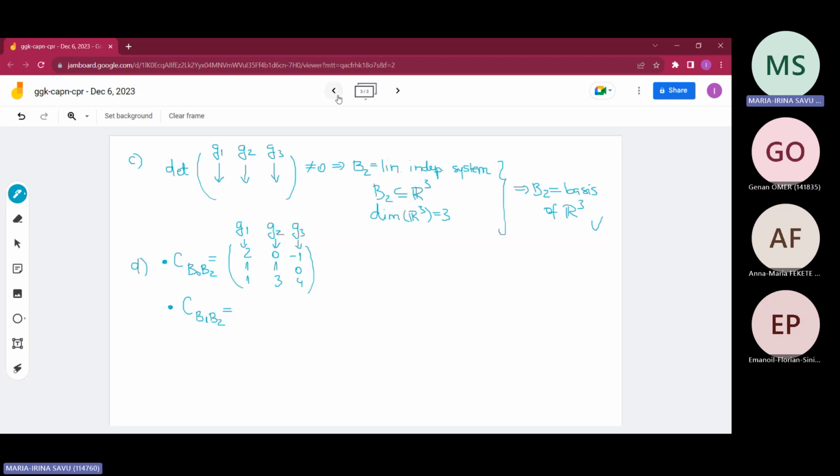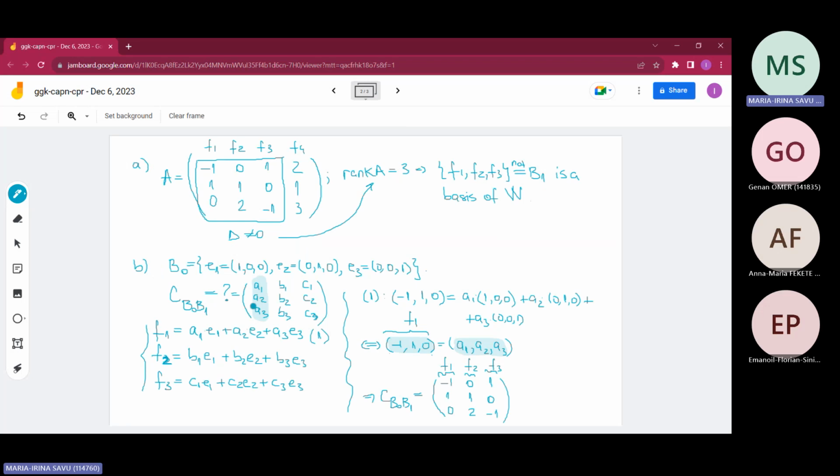Another method is to find the coefficients A1, A2, A3 such that G1 is A1 F1 plus A2 F2 plus A3 F3. But this method will take lots of time because you have to solve three systems, each having three equations.